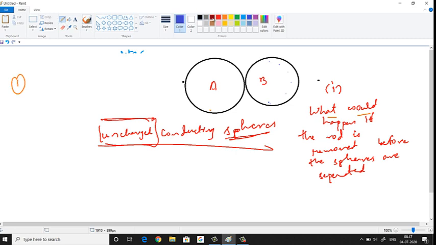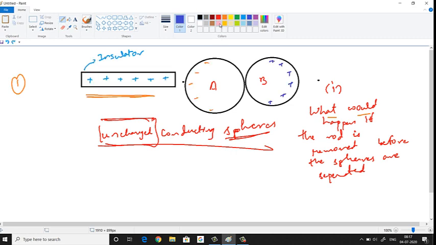So for the first question, the answer is going to be that the spheres become uncharged again. How will you write this answer?